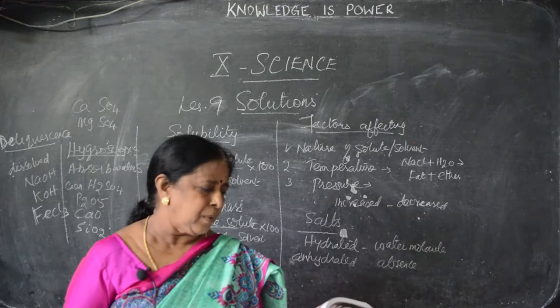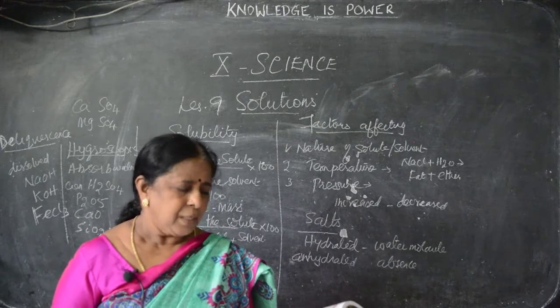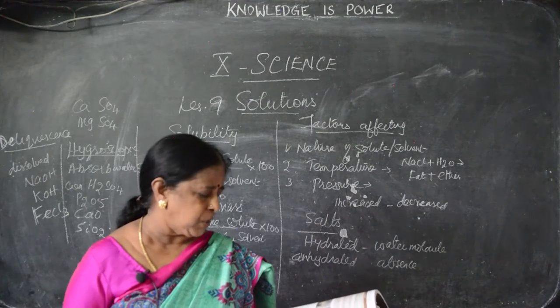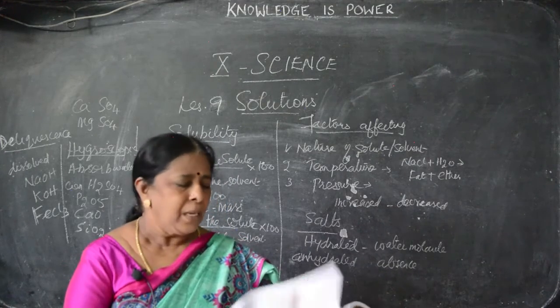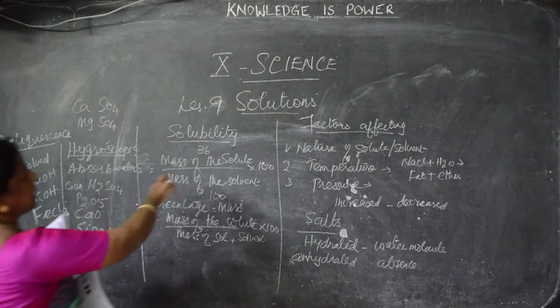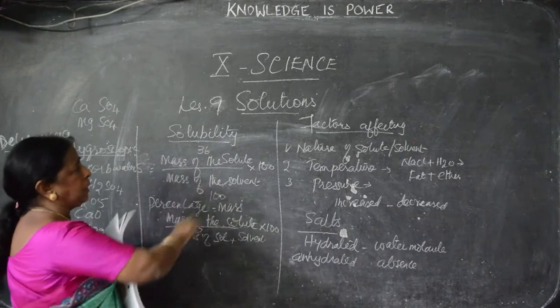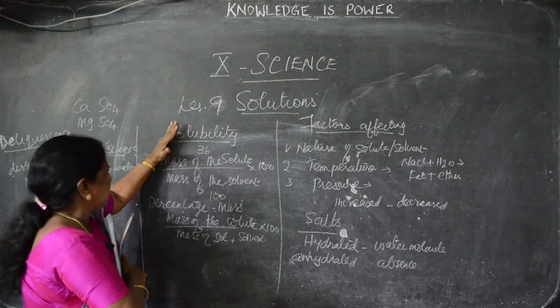Based on the type of solvent, we can divide them into aqueous and non-aqueous. Based on the solute, saturated, unsaturated and supersaturated. And solubility, how can we find out?